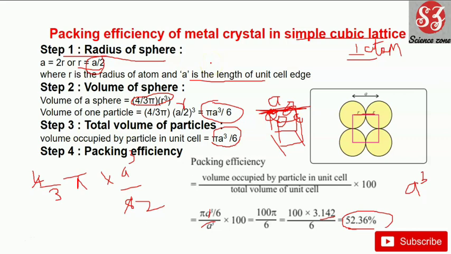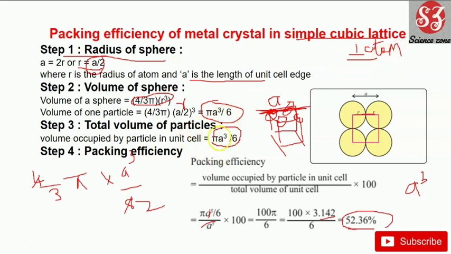So how have we calculated this? A quick revision: first you have to find the radius of the sphere, then the volume of the sphere, that is 4 by 3 pi r cube, substituting the value of r from the first step. Then find the total volume of particles. The total number of particles present in simple cubic is 1 atom, so 1 into the volume.